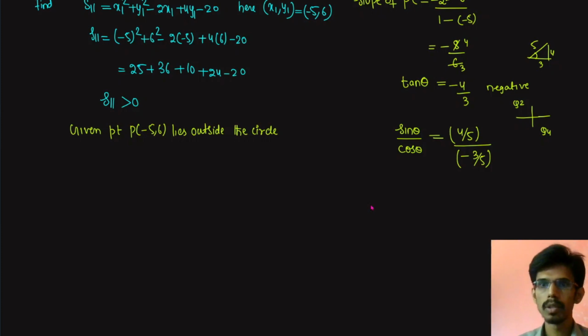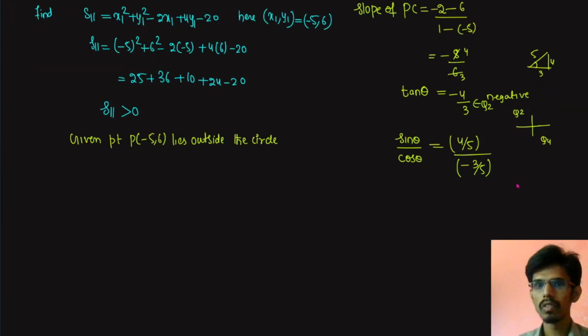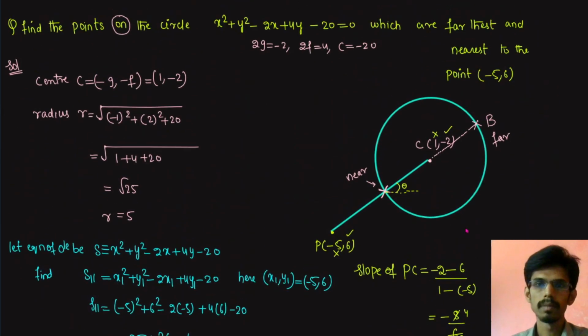Sin theta is opposite by hypotenuse, cos theta is adjacent by hypotenuse, and I'm taking a negative sign for cos theta because I'm taking theta in quadrant 2. Sine is positive in the second quadrant and cos is negative. So sin theta is 4 by 5 and cos theta is minus 3 by 5. We got sin theta and cos theta.